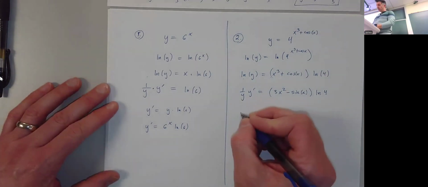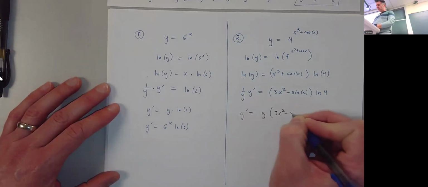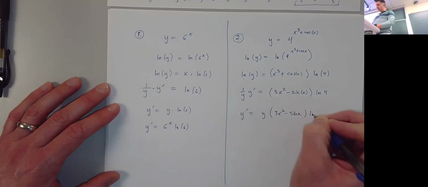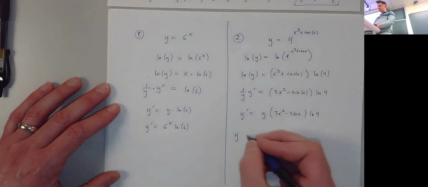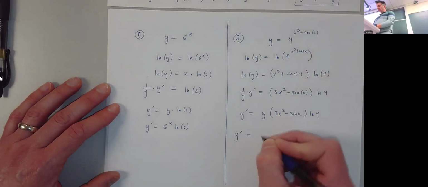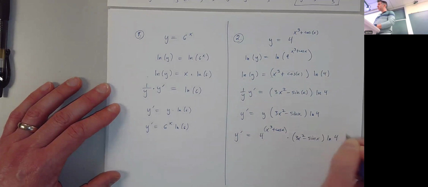Solving for y prime, we get y prime equal to y times 3x squared minus sine x, all times natural log of 4. Or plugging back in that y is equal to 4 to the x cubed plus cosine, we get y prime equal to 4 to the x cubed plus cosine of x times the derivative of x cubed plus cosine of x times the natural log of our base.